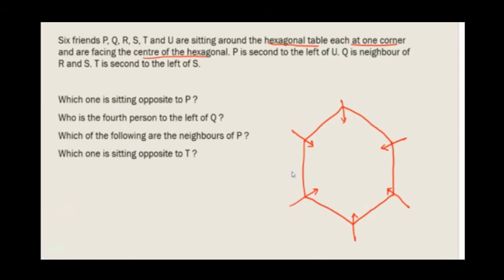Right? Now P is second to the left of U. First I have to take U. Suppose if I take U here, second to the left of U. So first to the left, second to the left. So second to the left of U, I have P here. P is second to the left of U.